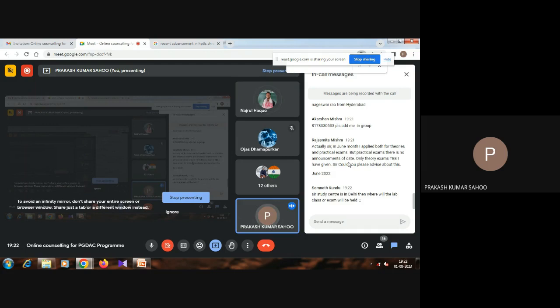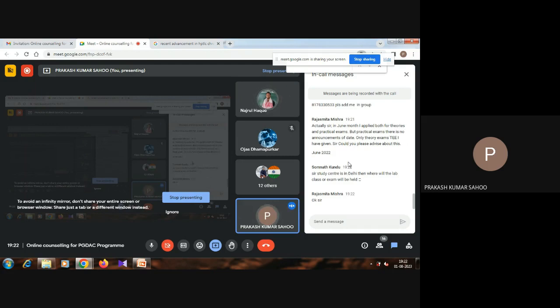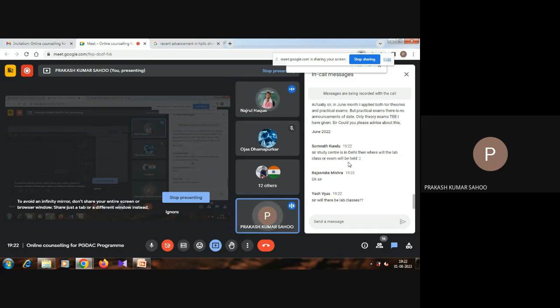Somnath: Sir, study center is in Delhi. Then where will the lab class or exam be held? Actually, Somnath, as this theory class of PGDSC is conducted throughout the country, I think this year your practical classes as well as your practical examination, if it is conducted online, then it will be conducted by ASE Bhubaneswar, maybe, but I'm not sure.